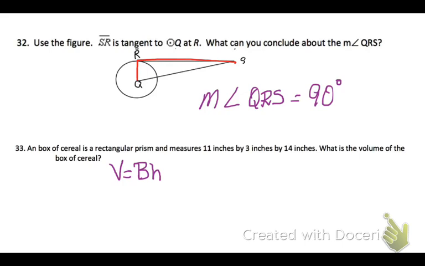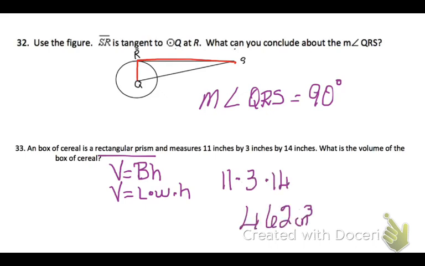This is a rectangular prism, so my base is a rectangle, so I can change that to length times width times the height of the prism. I'm just going to plug in numbers, and I get that the volume of this box of cereal is 462 inches cubed.